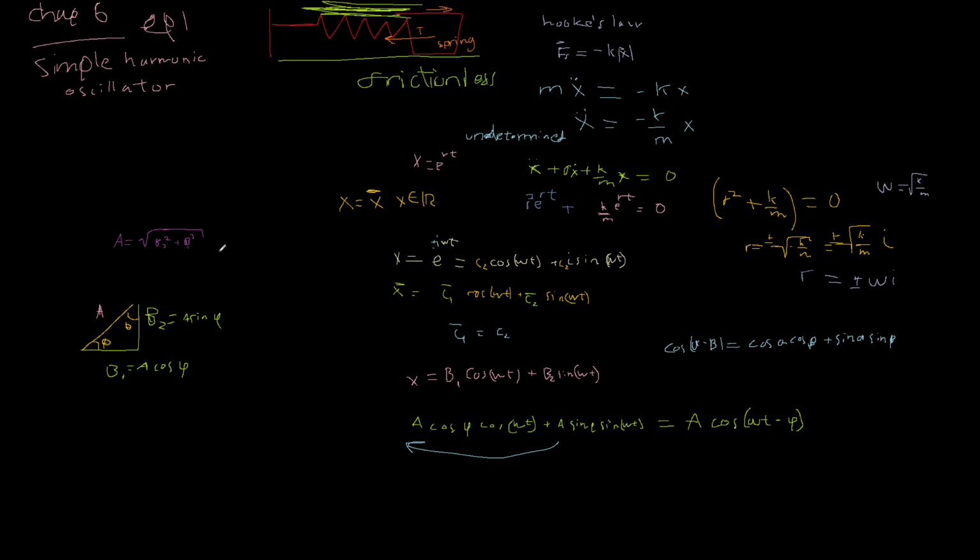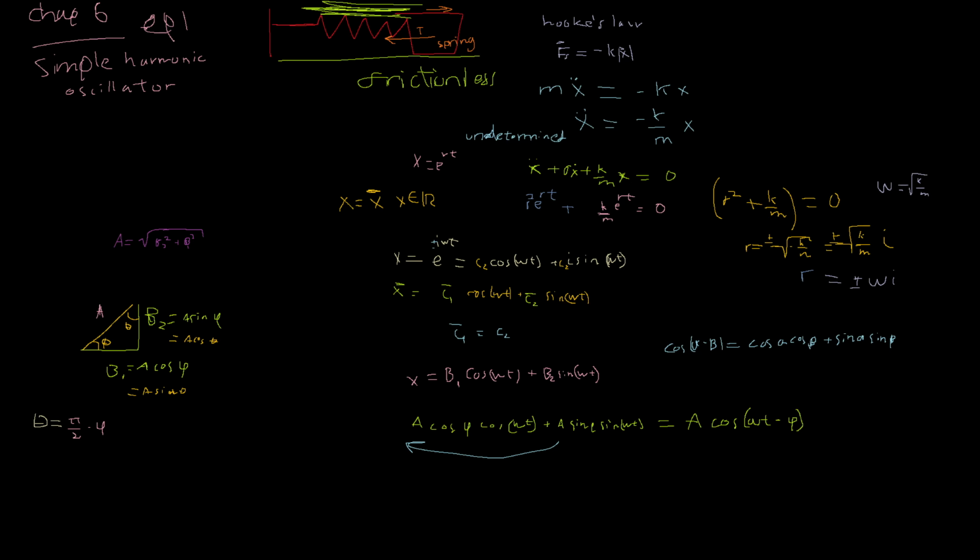And if we did the opposite, with A cosine theta and A sine theta, if we used theta instead, the relationship is theta equals pi over 2 minus phi.